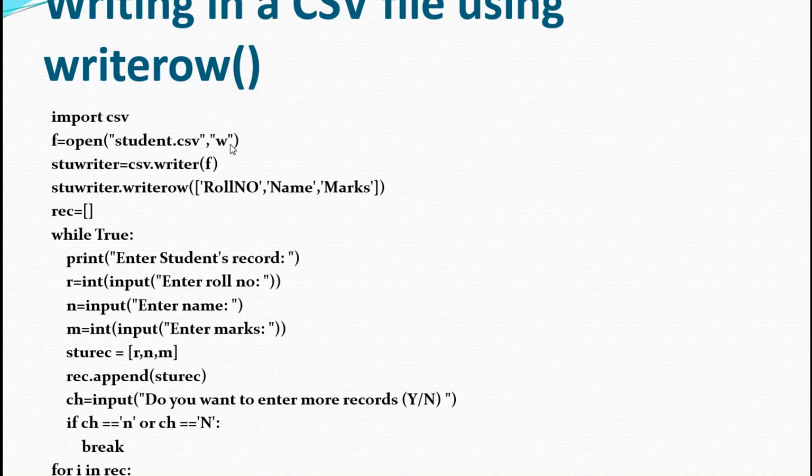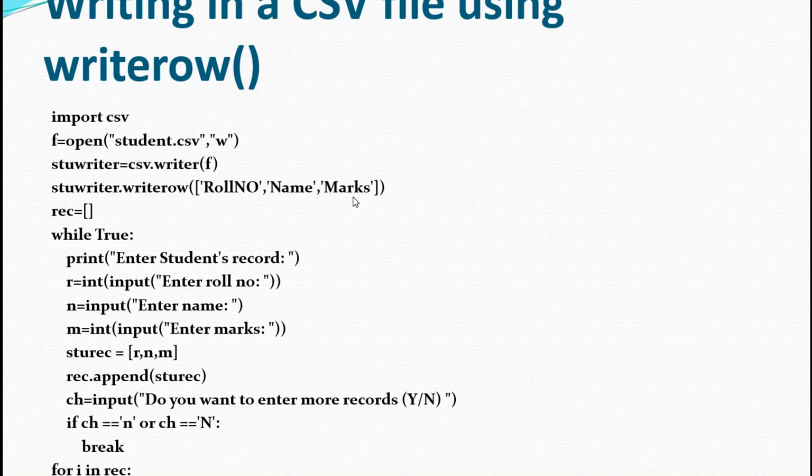Here the newline argument is not given. stu_writer equals csv.writer(f). That means it will generate one writer object and this object's name is stu_writer. Through this object we can call the writerow function having three elements: roll number, name, marks.